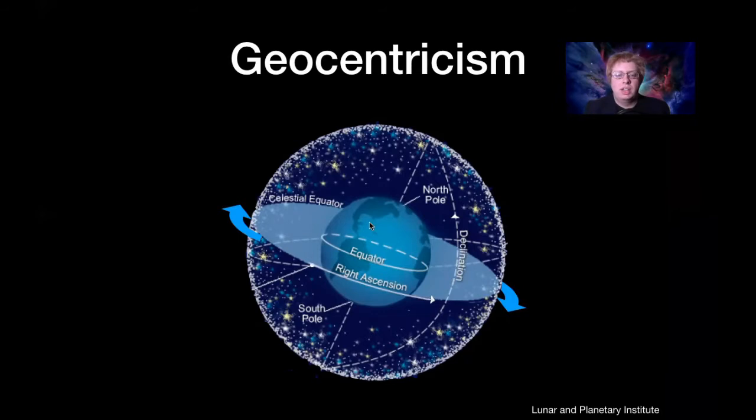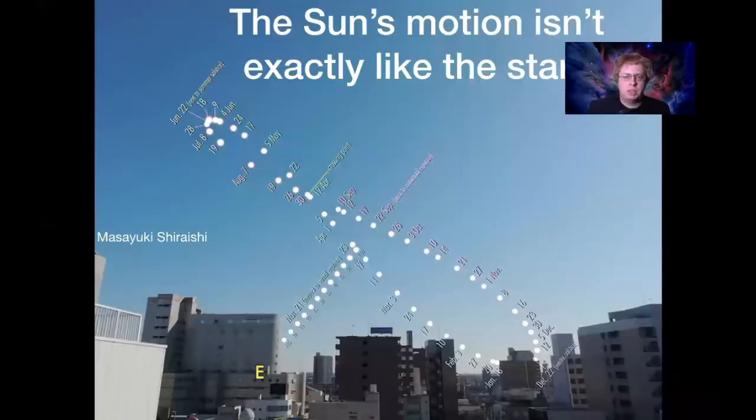So the idea is that earth is stationary right here, and around us is a sphere of stars that are essentially painted onto the night sky, and they orbit around us and cause the circular motions that we see in the night sky when we observe them.